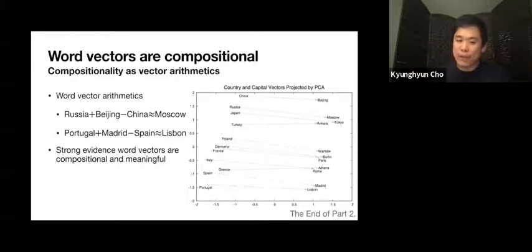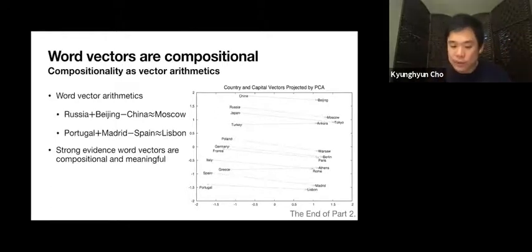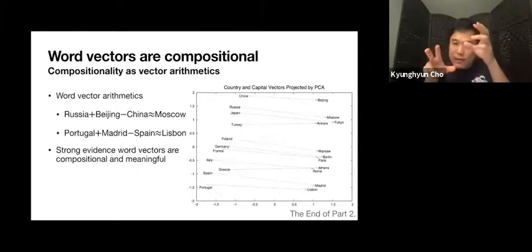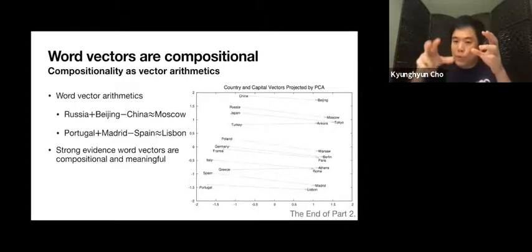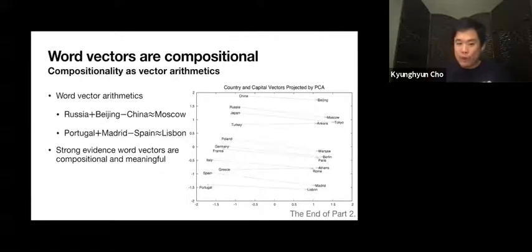What I mean is that we take multiple words, either sum or subtract some of those vectors, and then see what the resulting vector looks like by finding the word whose vector is closest to it. So for instance, if I start from Russia, subtract China, and then add Beijing, the nearest vector is going to be Moscow.